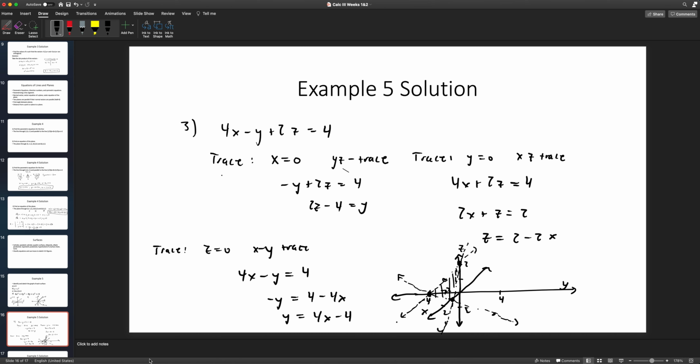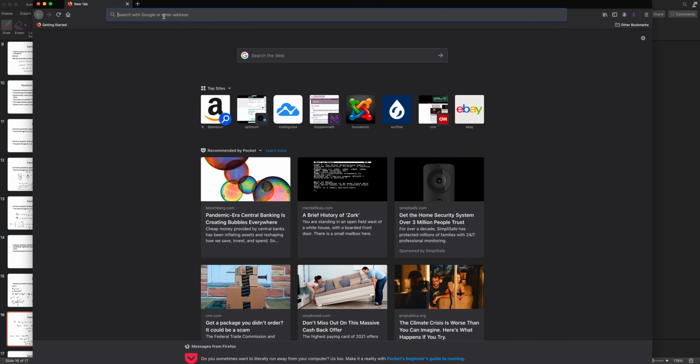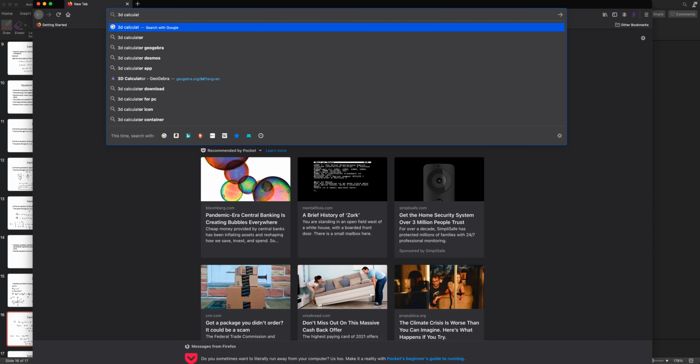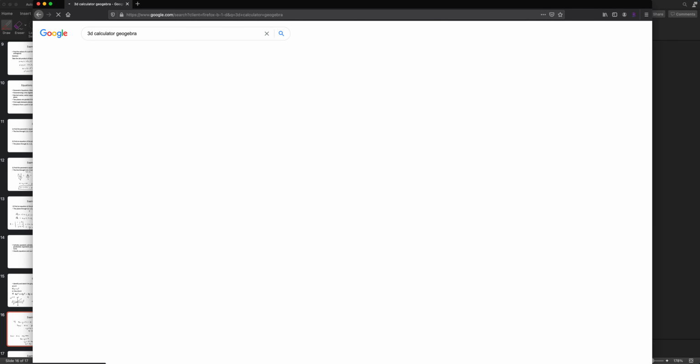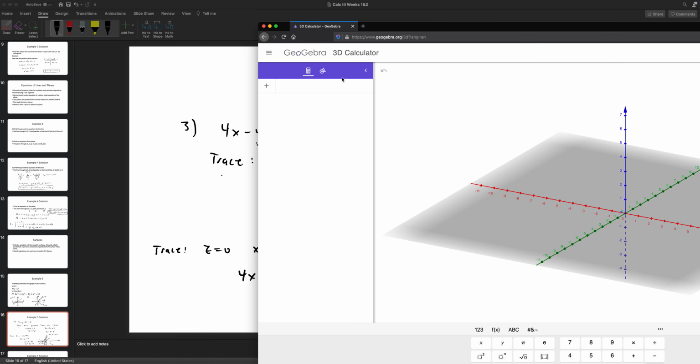So if I just take this 4x and the equation and look up the 3D calculator GeoGebra on Google, I can place this in.